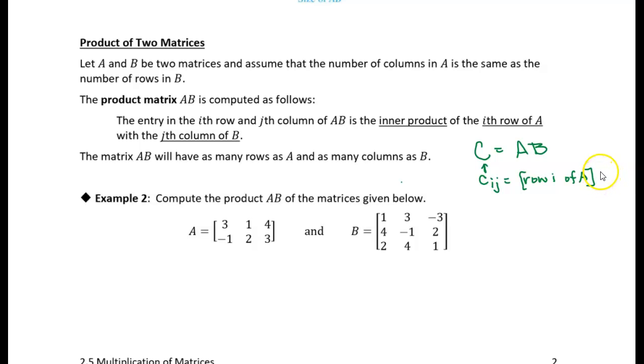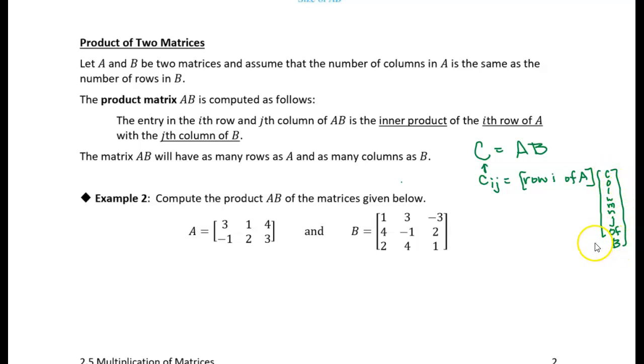Times the column, let me write it like this, column j of matrix B. Okay?